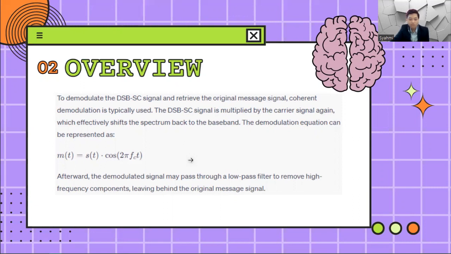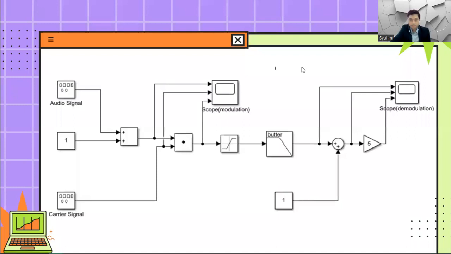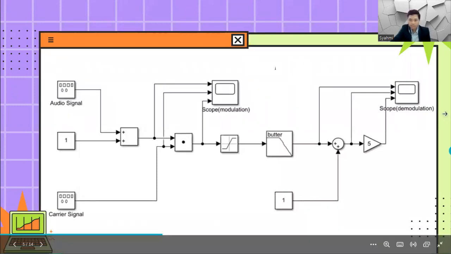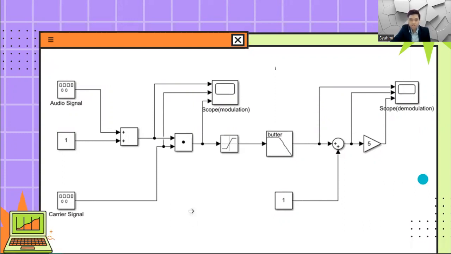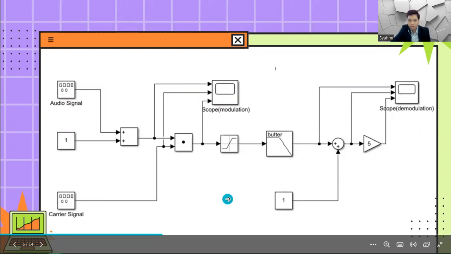More commonly used tend to include AM modulation with a suppressed carrier, which is SSB, or vestigial sideband modulation, VSB, that provide better spectral efficiency. Now, this is a block diagram that I have designed in MATLAB Simulink to simulate the DSB-SC modulation and its demodulation.